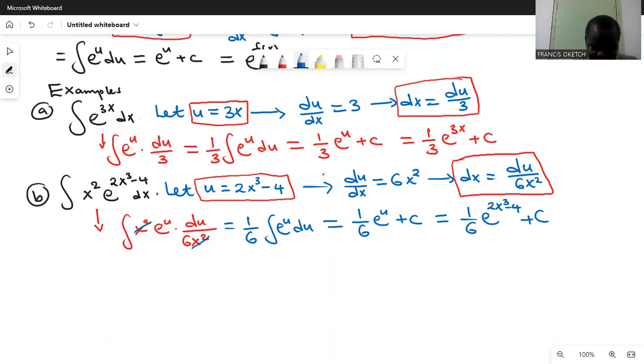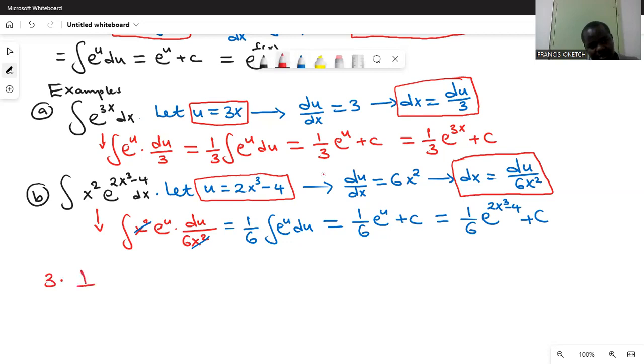Another form of integrals is when you have, let me write it down. When you have this kind of integrals, I call it number 3. Another form, let's have that as number 3.